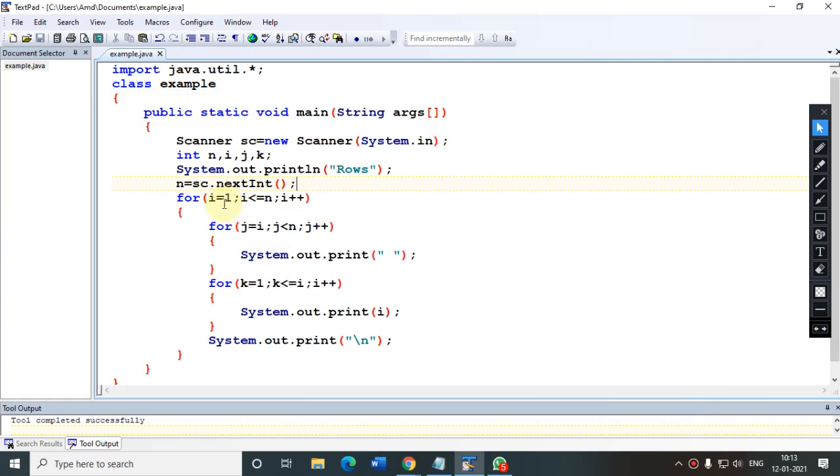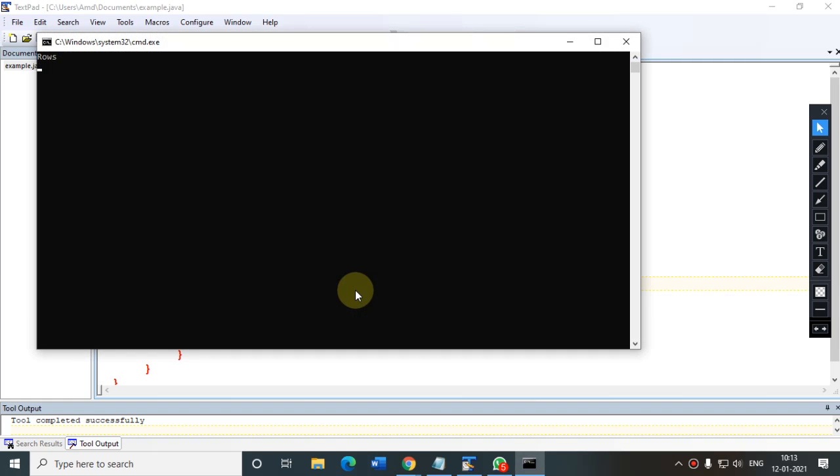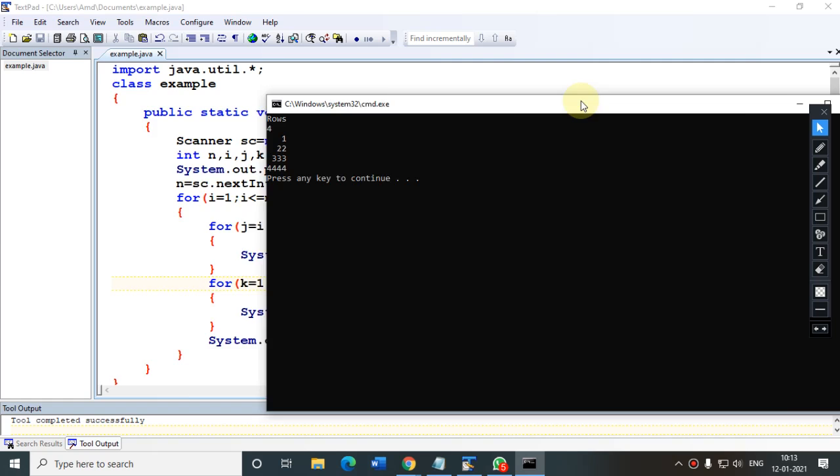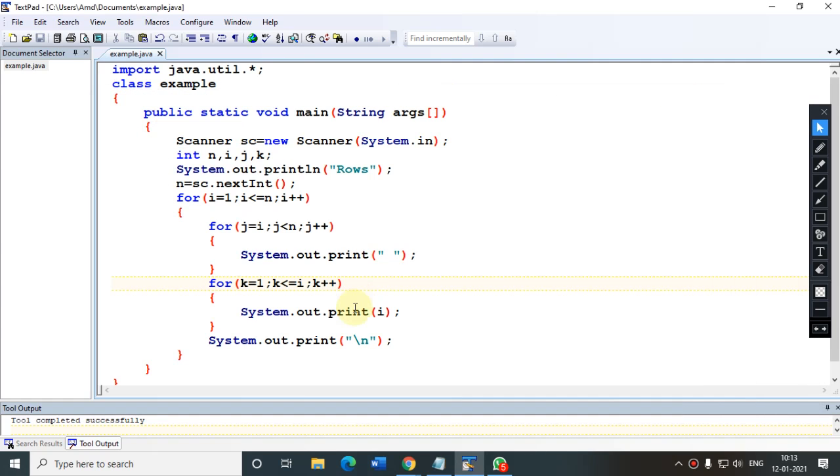Please look at here. It has to be K, not I. Whenever you are getting an error, you need to go through the question, the program, whatever you have done. I hope this output is clear for everybody, right? Yes, sir. Okay.